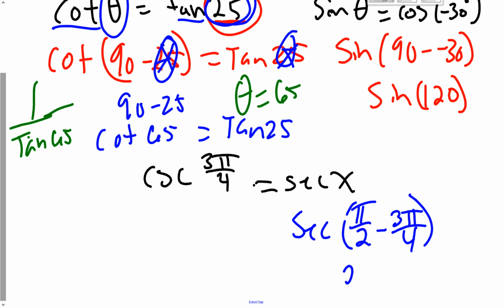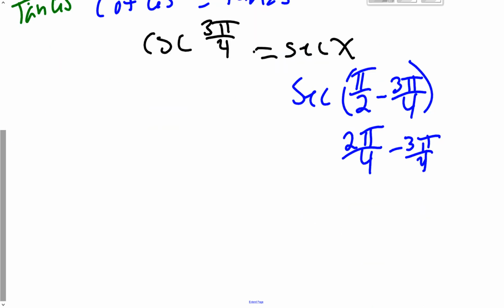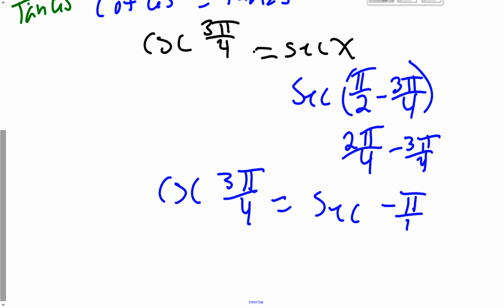Then we're going to have to find a common denominator, so 2 pi over 4 minus 3 pi over 4. So cosecant of 3/4 pi is the same as secant of negative 1/4 pi. So our angle is a negative 1/4 pi.